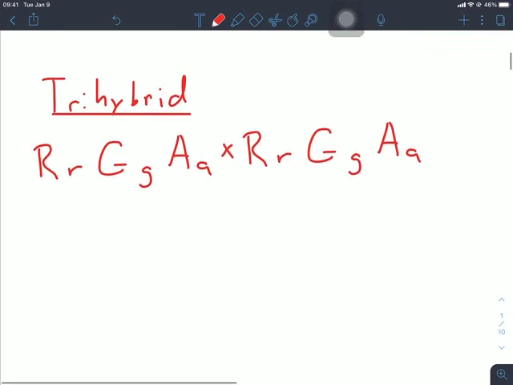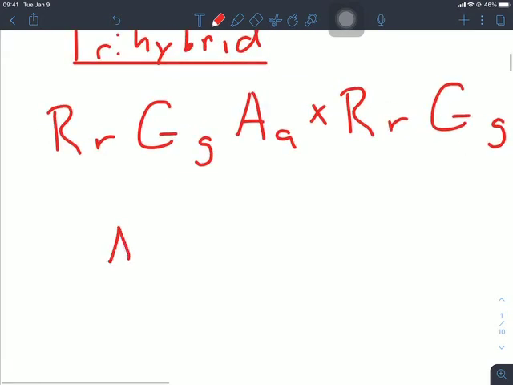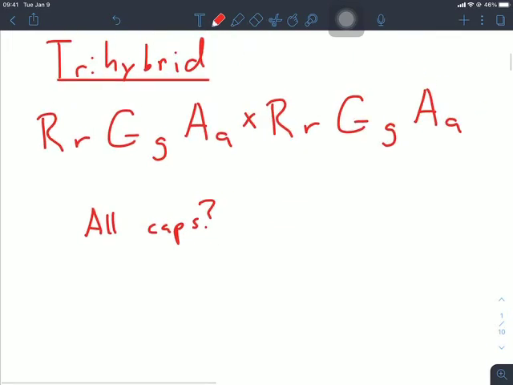So what do I mean by that? Well, let's say that you are interested in generating an individual that had a genotype of all capital letters. What is the number of crosses that you'd need to perform? Or rather here, what is the expected frequency of an individual who is all capital letters at all three loci?